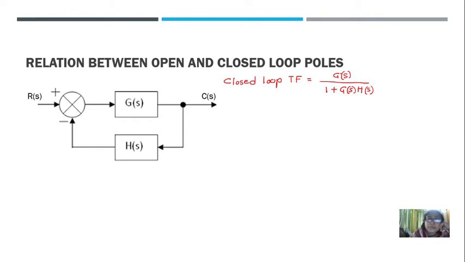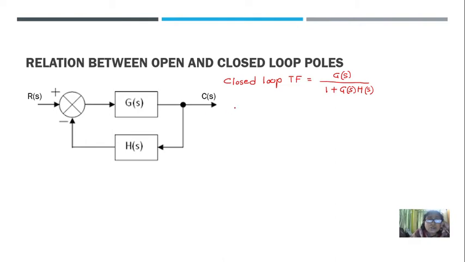Now for a transfer function, the numerator gives us the zeros of a system and the denominator gives us the poles of the system. So as it is a closed loop transfer function, naturally the factor 1 plus G(S)H(S), if we factorize it, will give us the closed loop poles.